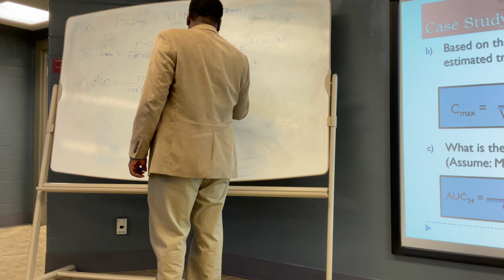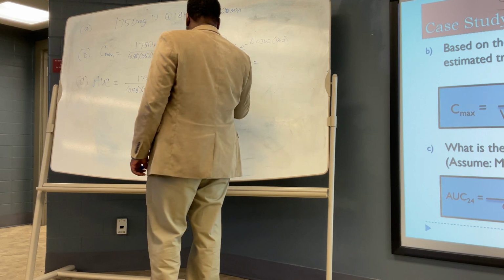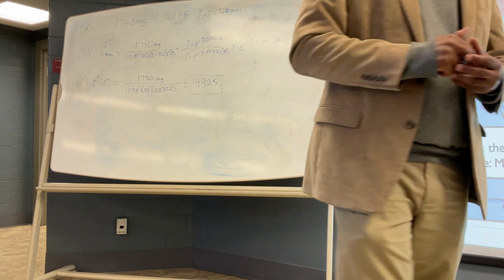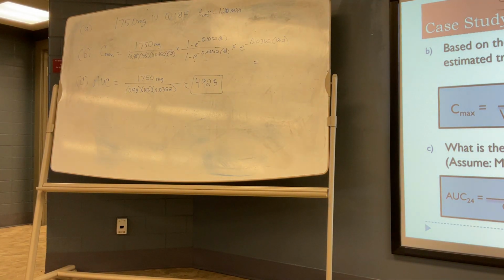So are we good? Are we good with the AUC? You don't know? 400 to 600, I believe. That's okay.